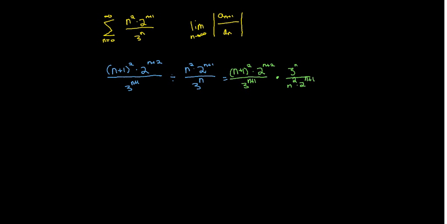And hopefully a lot of this starts to cancel out here. The first thing I'm recognizing is this right here and this right here. We'll do something similar to the problem we had last time. That is just going to give us n plus 1 squared and n squared.